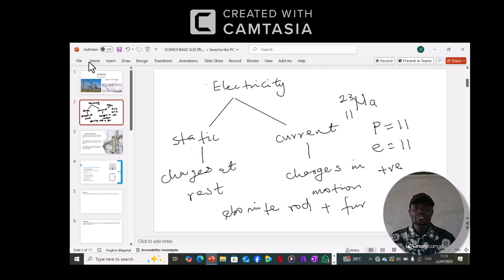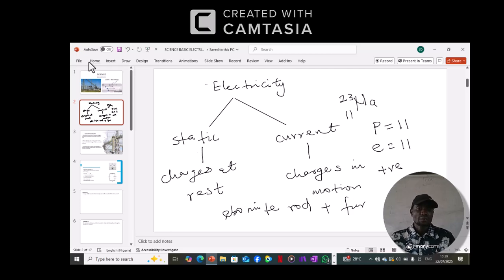At the end of this class, you should be able to define current and how it is measured, which instrument is used for the measurement of current, and the unit of current. These are the things that you should be able to say at the end of the class. So we are going to do simple calculations on electricity.